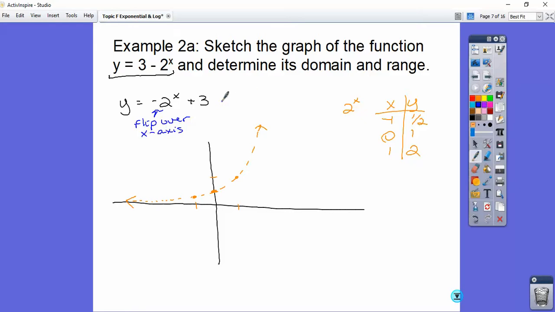And then what's that plus 3 do? Up 3. The thing you have to watch on these is if you move these up or down, it does move your asymptote with it. So my asymptote was at 0. Where is it going to end at? Positive.